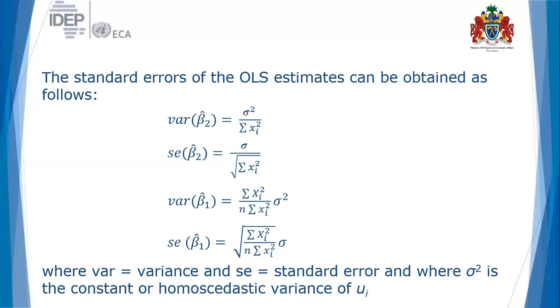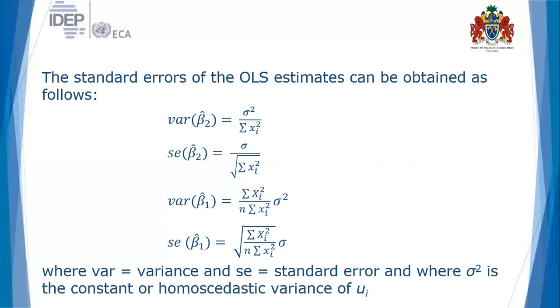In order to obtain the standard error for beta hat 1, we use the following notation. Variance of beta hat 1 is equal to the summation of xi squared divided by n times the summation of xi squared, multiplied by sigma squared, or variance.